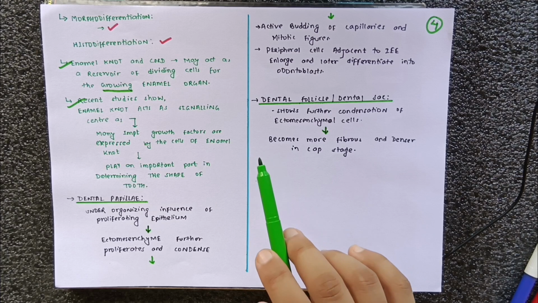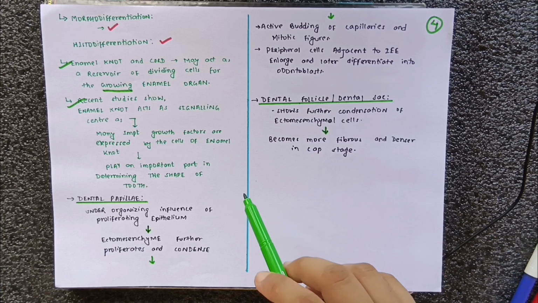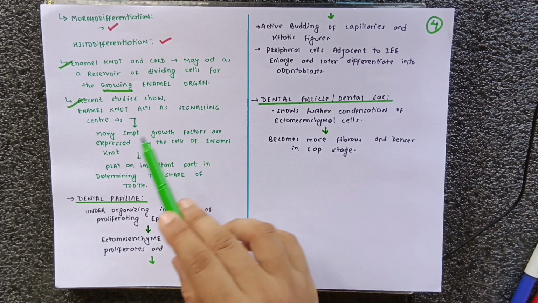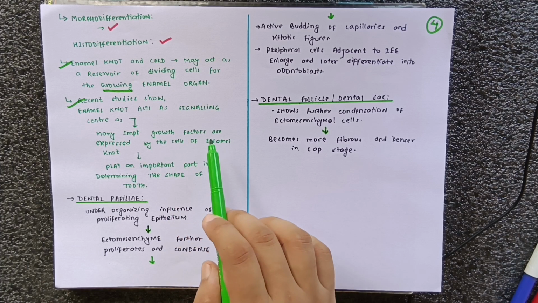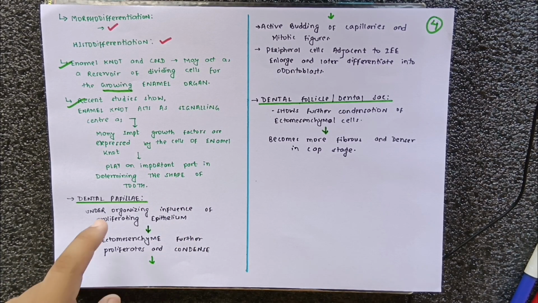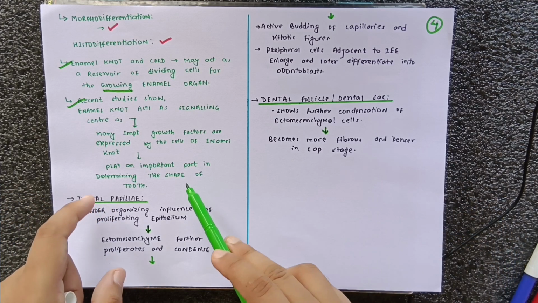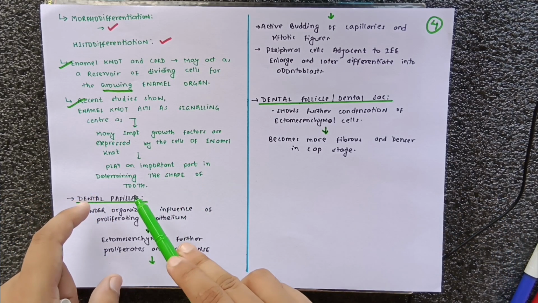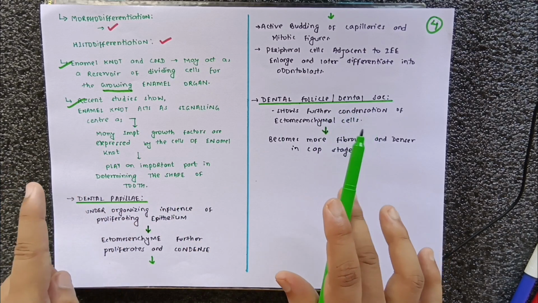But when the enamel knot or the cord is properly developed, they act as a signaling center and release growth factors, and those growth factors expressed by the enamel knot help in determining the shape of the tooth. Just remember like that.